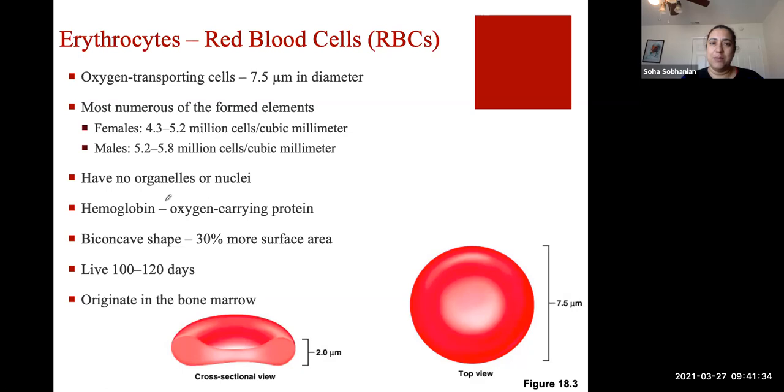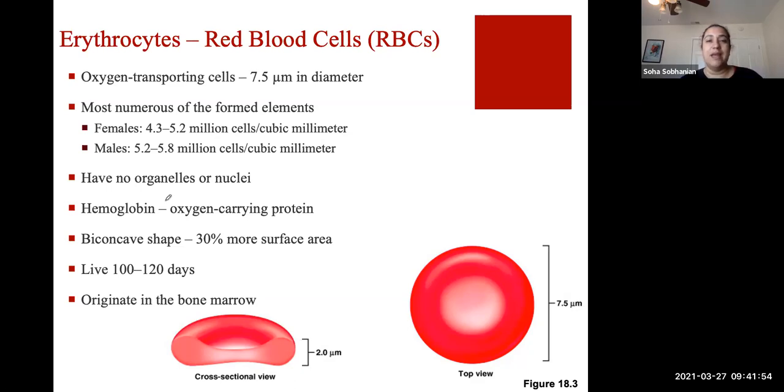So they are pretty small, and so are the capillaries. The size of these is really important in being able to pass to every corner of the body, to make sure that the oxygen is accessed by all cells and tissues in your body.